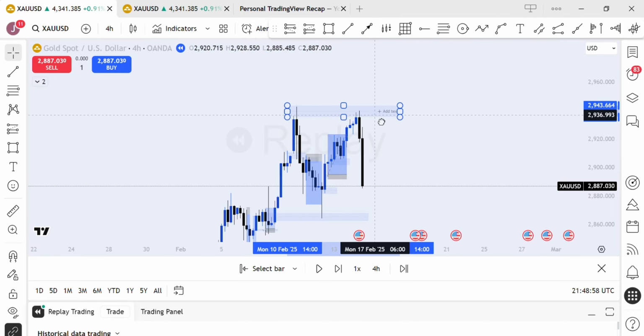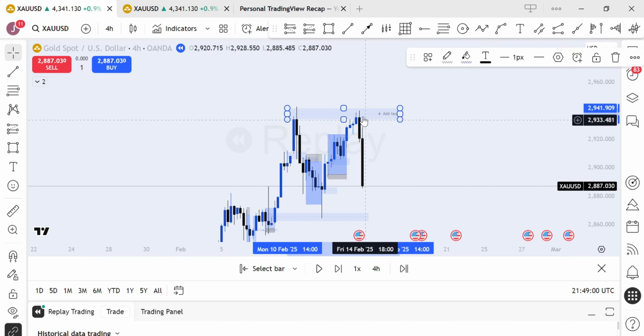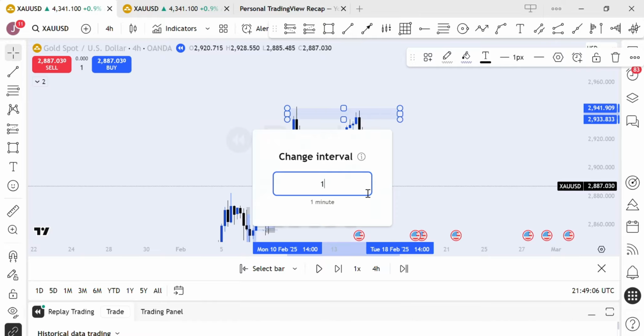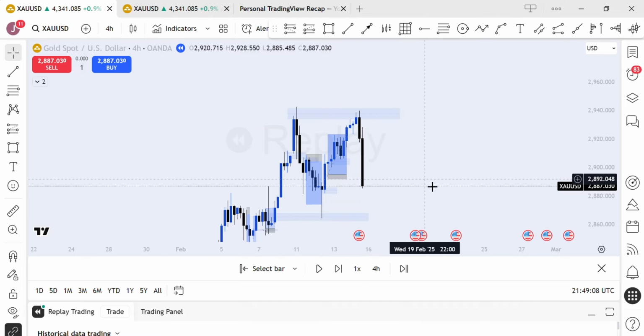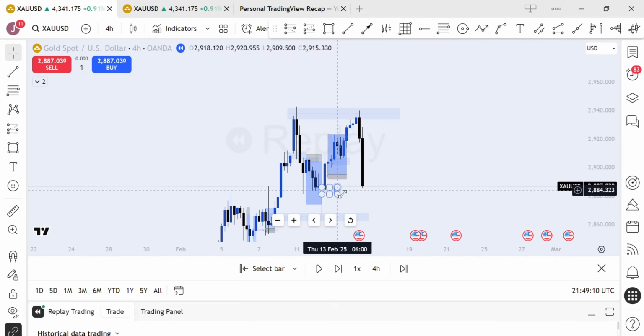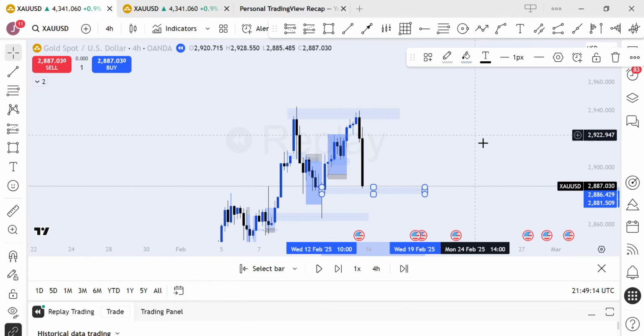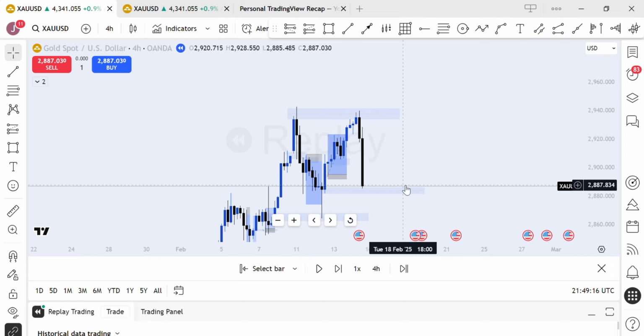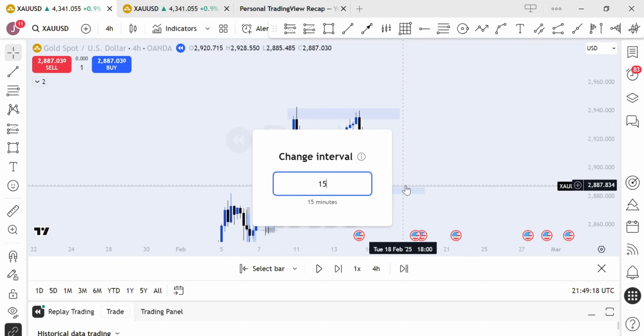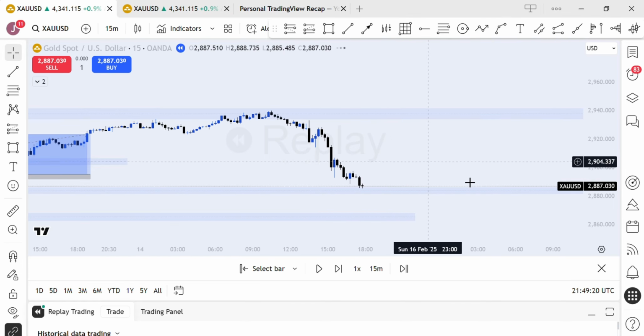Okay, so we are forming a resistance over here. Price got here and rejected badly. So let's scale to the lower time frame and see what is going on. Now we have this block here that you expect price to react from. So let's see if price can react from this side.